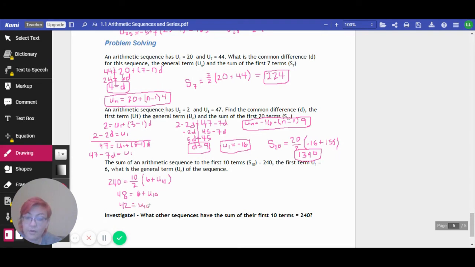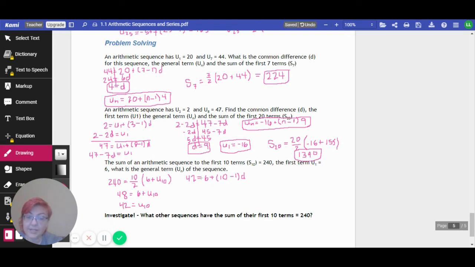Okay, we're now going to use that to find the common difference. I know that the 10th term is 42. So 42 must equal the first term, 6, plus n, which is 10, minus 1 times some difference.